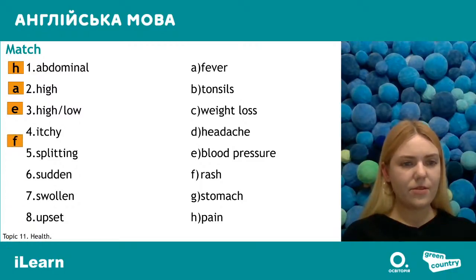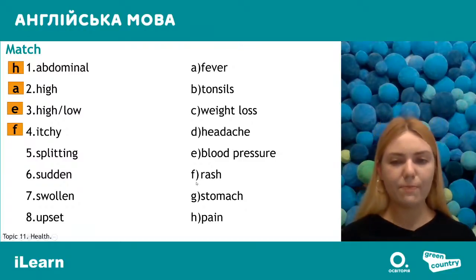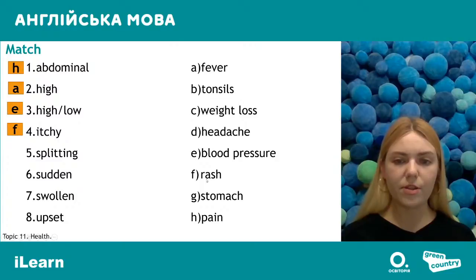Okay, that is rash. So please pay attention, be careful with the spelling, because we spell it with A, not U, so it's not rush, but rash. And rash, it means висип. So itchy rash, сверблячий висип. So for example, when you have some allergy, so you can have some itchy rash.